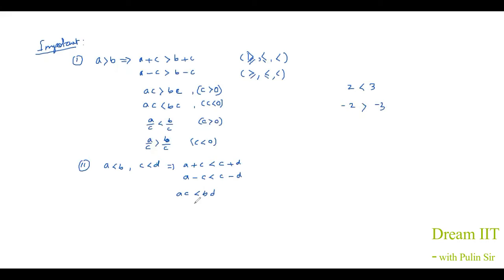This doesn't hold every time. It will be true only if all these numbers you are considering are positive. Otherwise, they will not be true. So these are the things we have to remember. Then some more are there that I am also going to discuss.